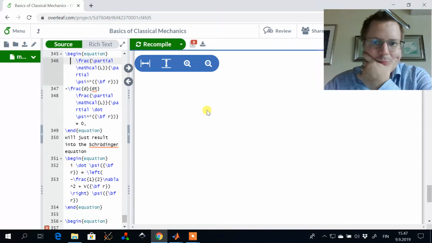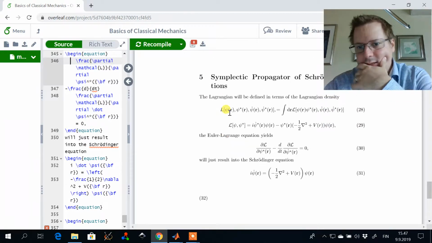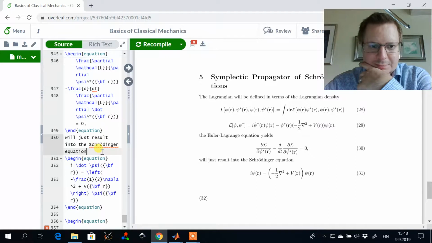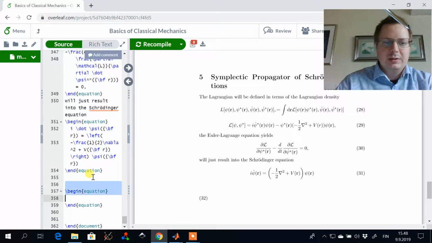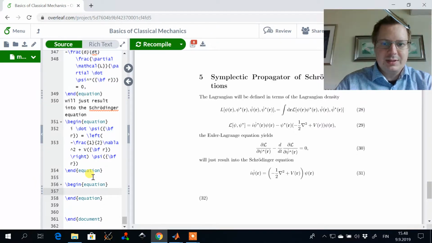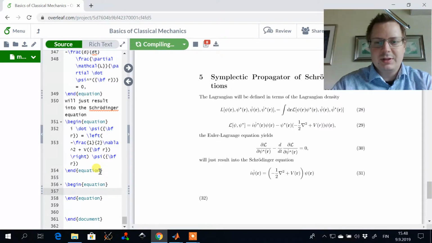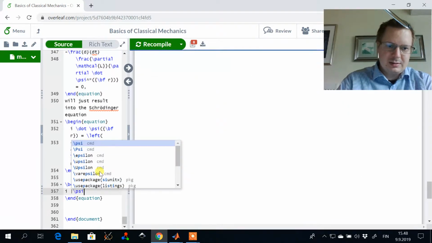Now we can always add a total derivative to the Lagrangian density. So let's supplement the Lagrangian density with the total derivative of i psi.